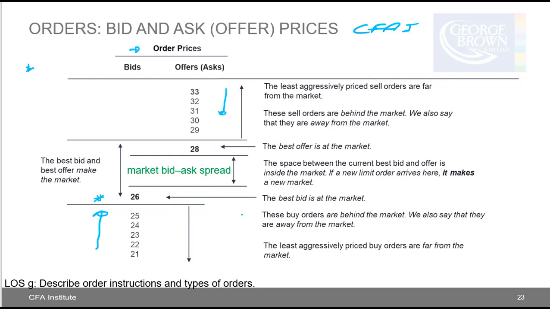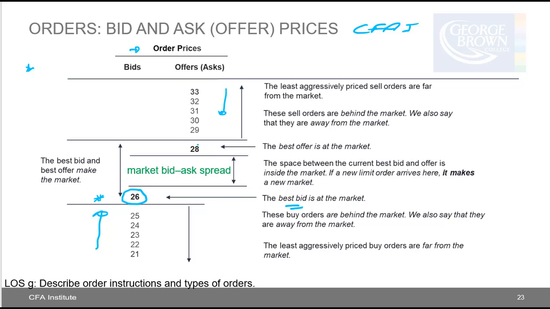Okay, so as we just saw on the previous slide, if we're looking here, those that want to buy, the highest price that an investor is willing to buy at is 26, well, let's call it dollars, $26, and that's called the best bid, and it's at the market.